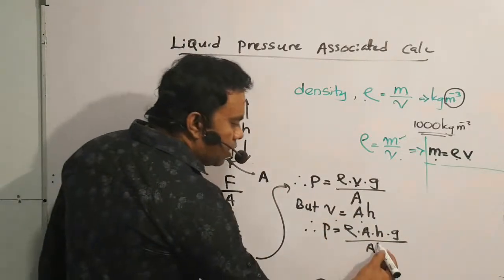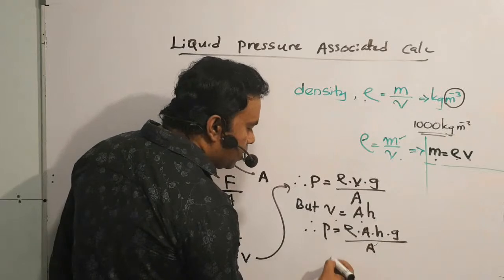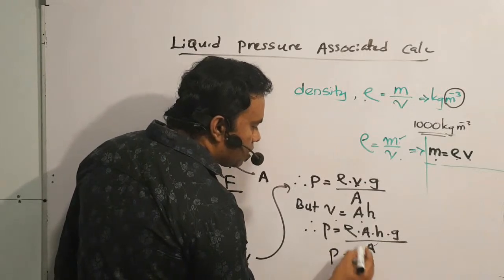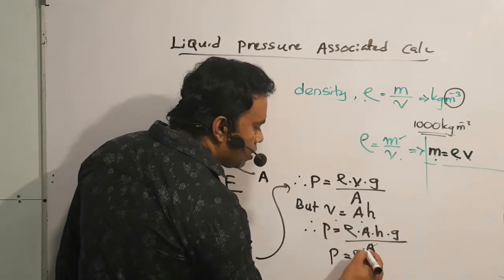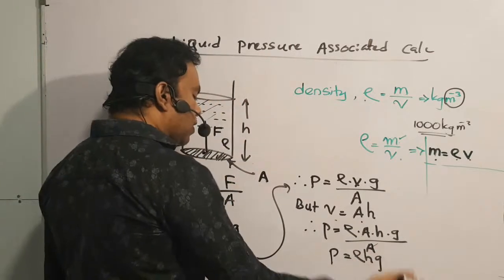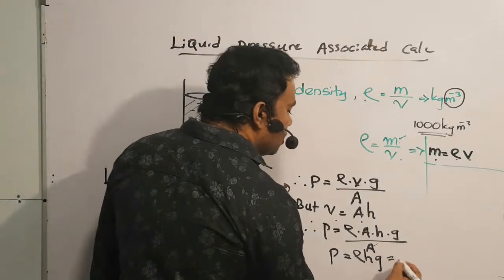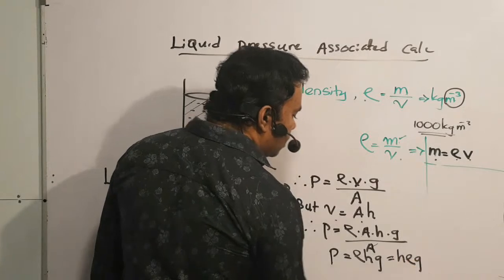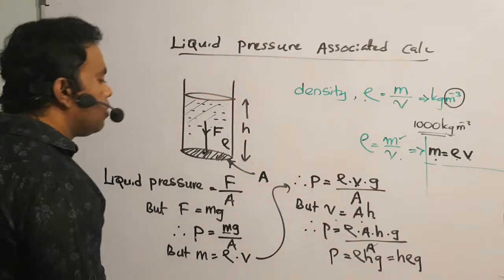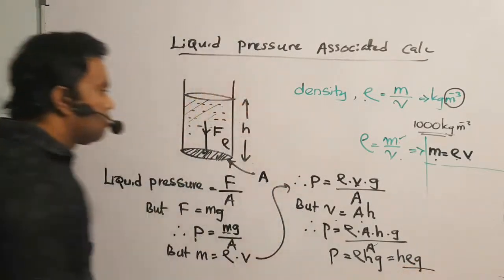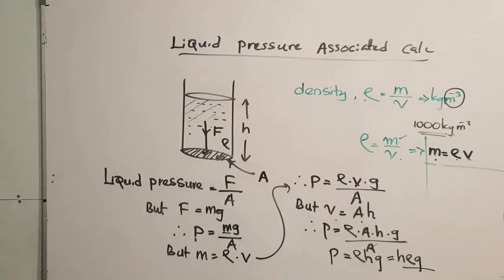Look at this, area can be simplified, so pressure equals rho hg. According to the order we write this as h rho g. So that's how we end up with liquid pressure h rho g.